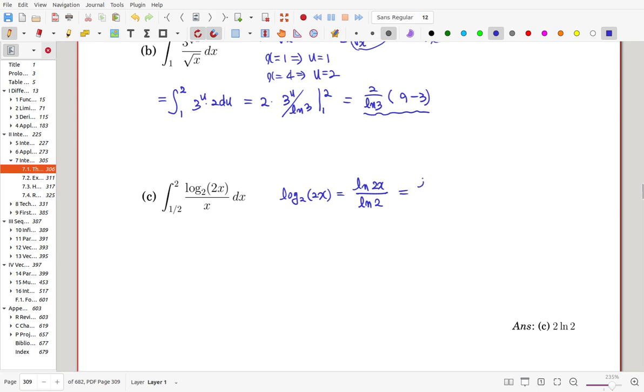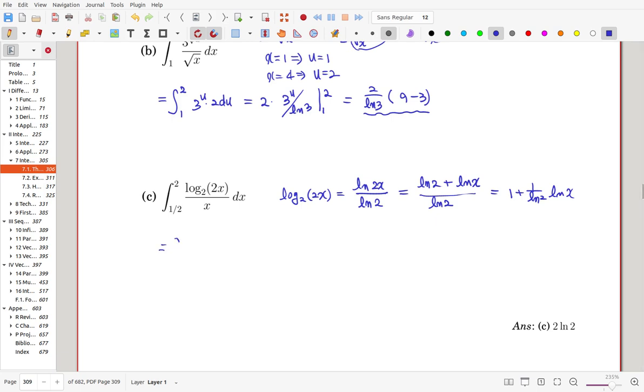That is the natural logarithm of 2 plus natural logarithm of x, divided by natural logarithm of 2. So that is the same as 1 plus 1 over natural logarithm of 2 times natural logarithm of x, right?